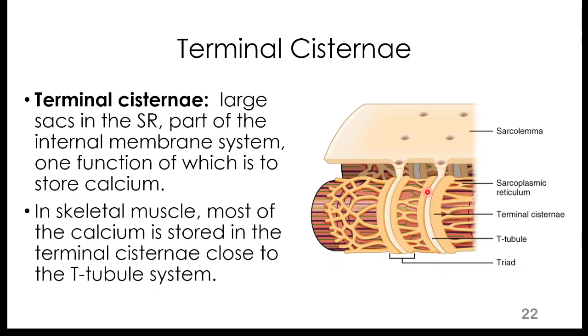That is the transverse tubule. This tubule is like a pipe that runs deep into the muscle, and it's connected to the outside of the cell, as you can see here.